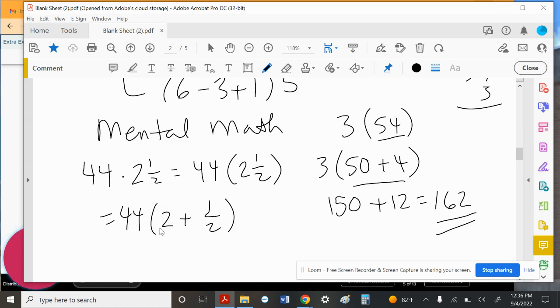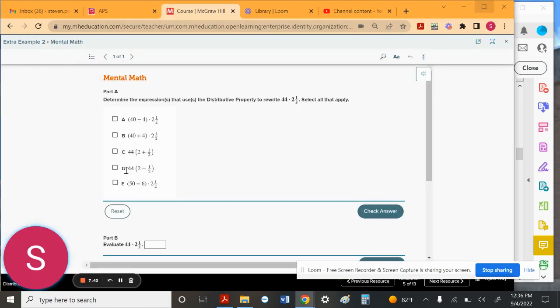Now 44 times 2 is 88. That's a little easy to do. 44 times 1/2, or half of 44, is 22. And now I have to add those two up. 20 plus 88 is 108, plus another 2 is 110. So I would get 110 in that particular case. So when we distribute, it should be this one right here.